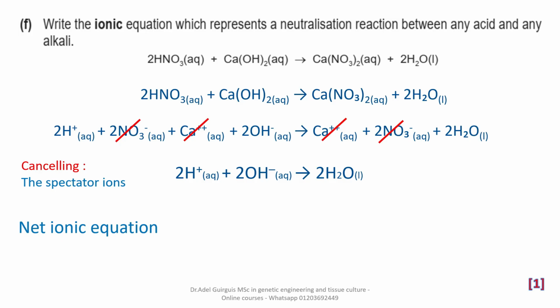Any neutralization between an acid and any alkali forms this ionic equation: H+ (aq) plus OH- (aq) combine to form H2O (l). In your exam, just write the final net ionic equation to obtain 1 mark.